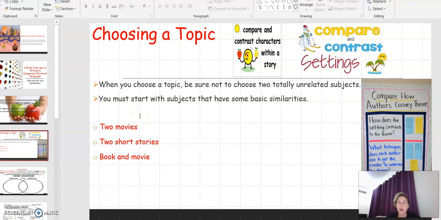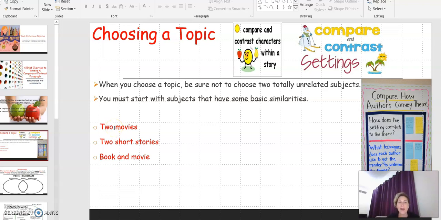When you're choosing a topic to write a compare and contrast piece on, you need to make sure not to choose two totally unrelated subjects. You need to choose subjects that have basic similarities in order to be able to compare and contrast between the two. For example, two movies.